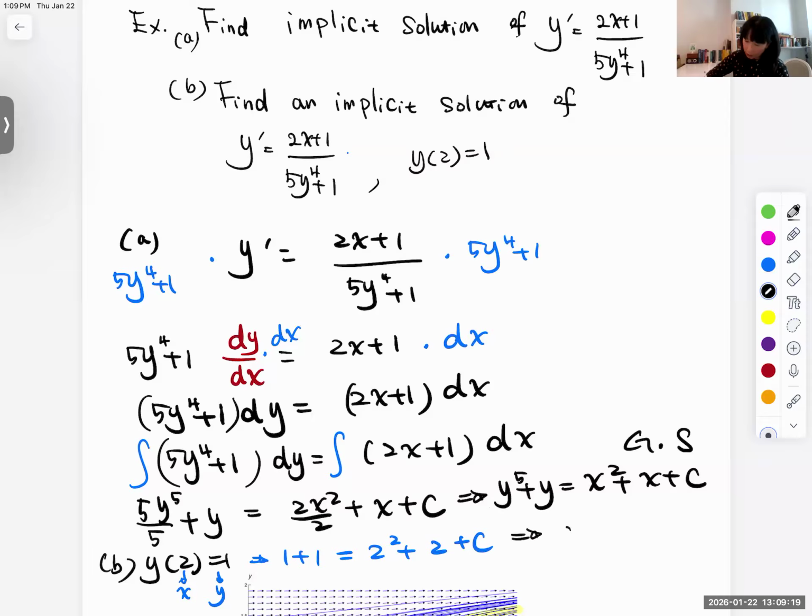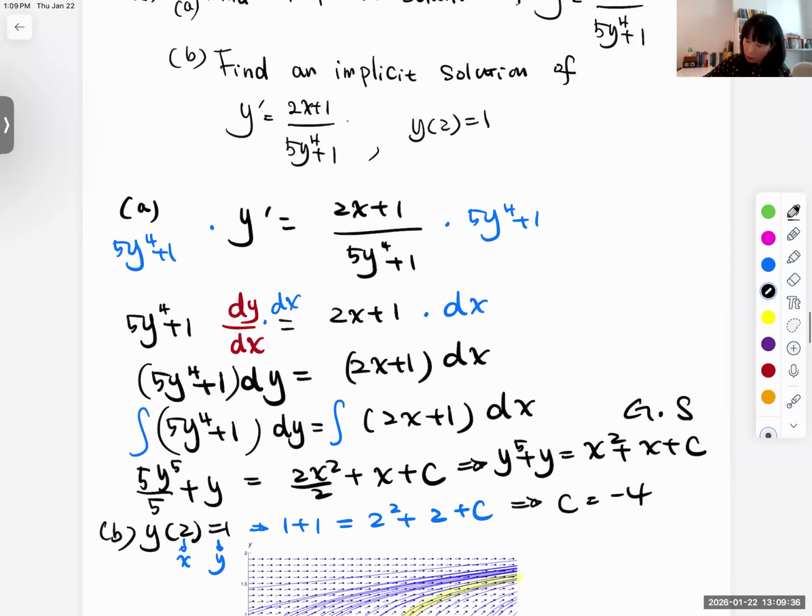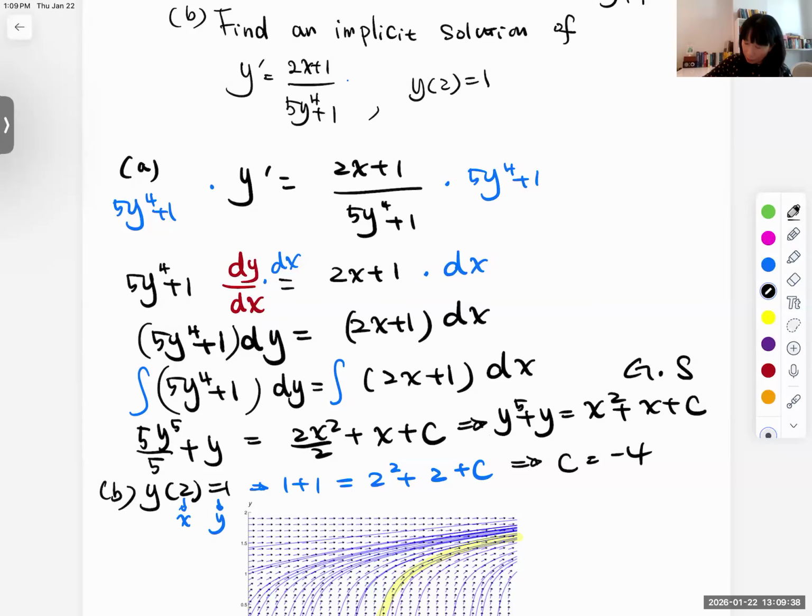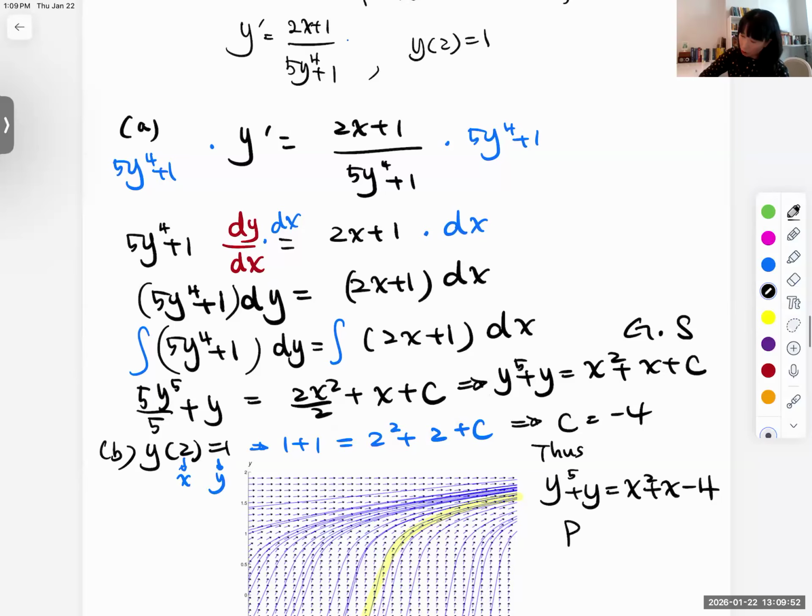So what's the c? 4 plus 2 is 6, and 2 minus 6 gives negative 4. So that is a particular solution: y to the fifth power plus y equal to x squared plus x minus 4.